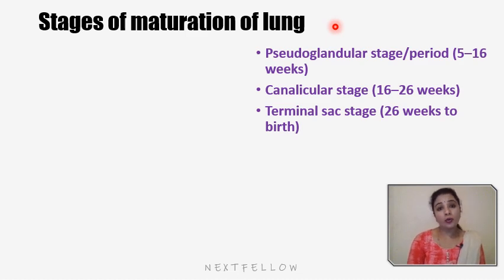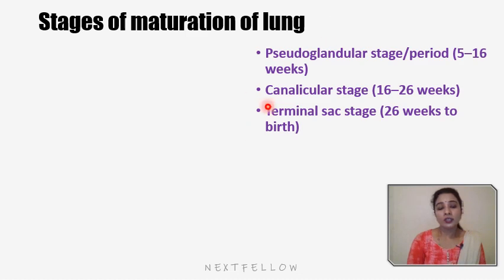Respiratory bronchioles, alveolar ducts and terminal sacs, even the primitive alveoli, are formed. Lung tissue is well vascularized in this stage. The fetus born at the end of the stage can survive if given intensive care.